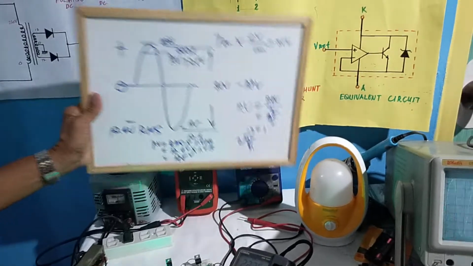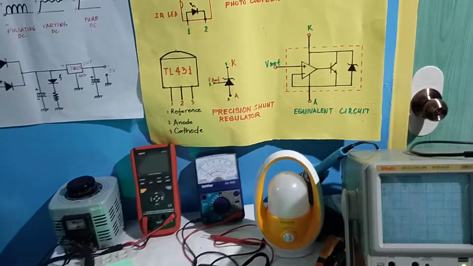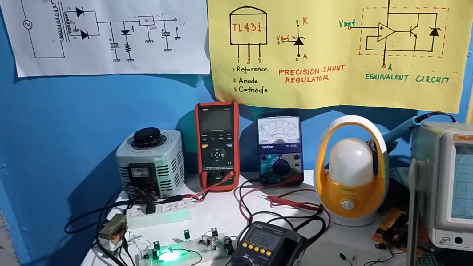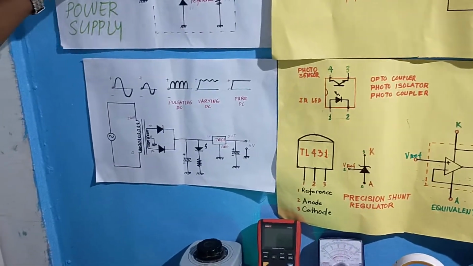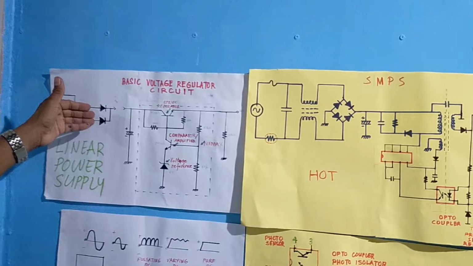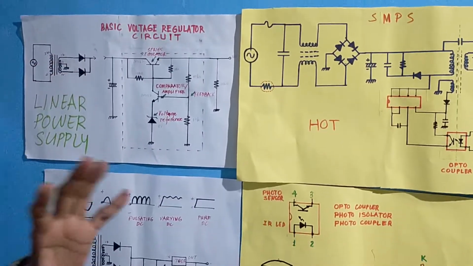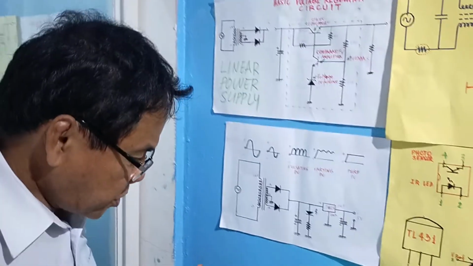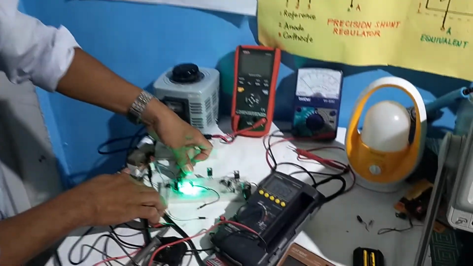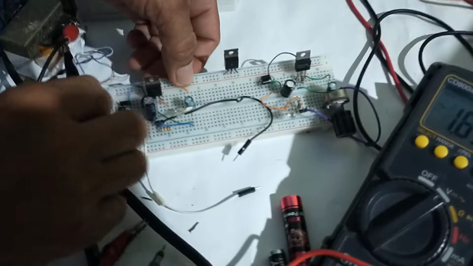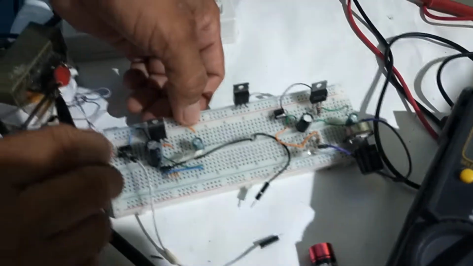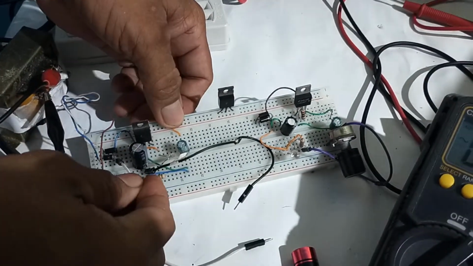Before it is rectified by these rectifier circuits, after being transformed by this transformer, it is then submitted to the two diodes that serve as rectifier circuits. We have here the rectifier diodes.